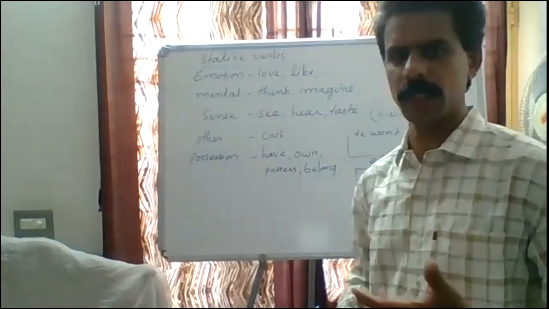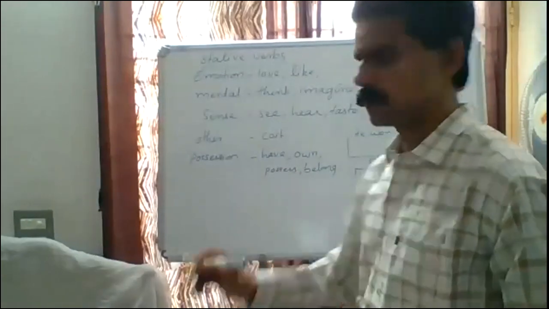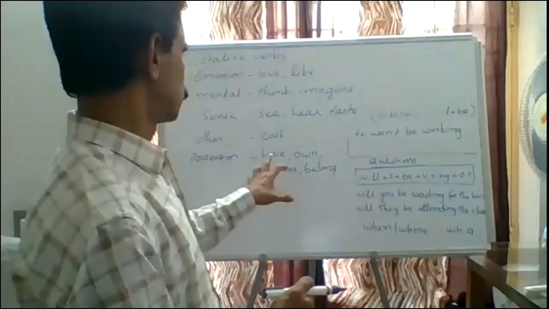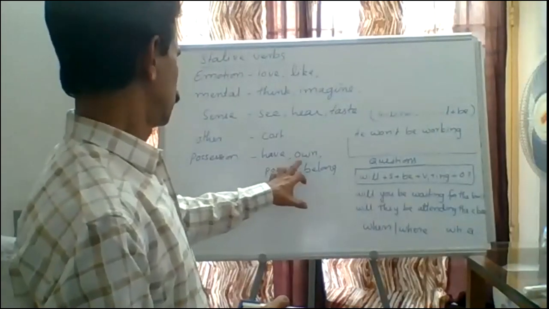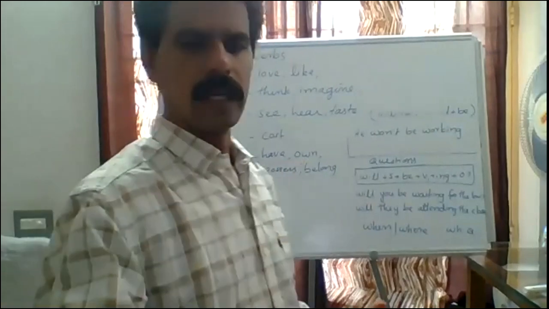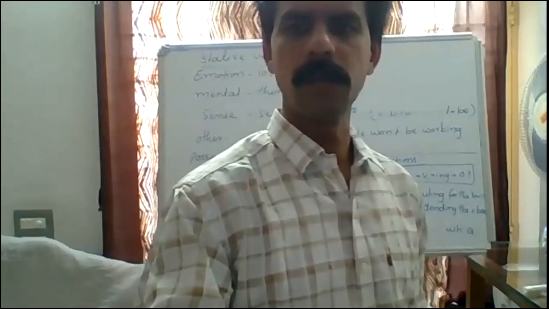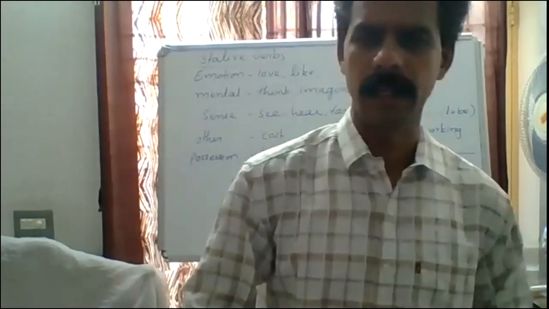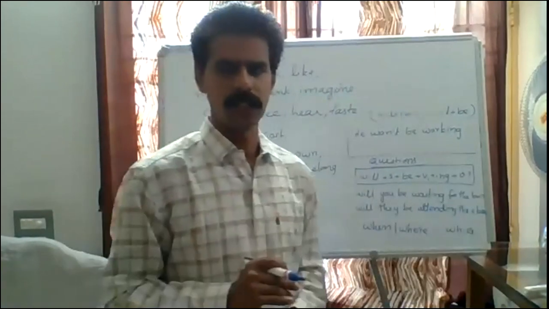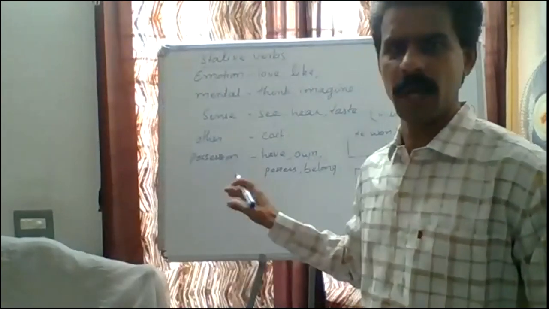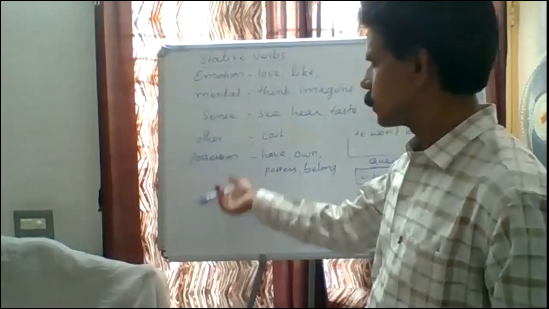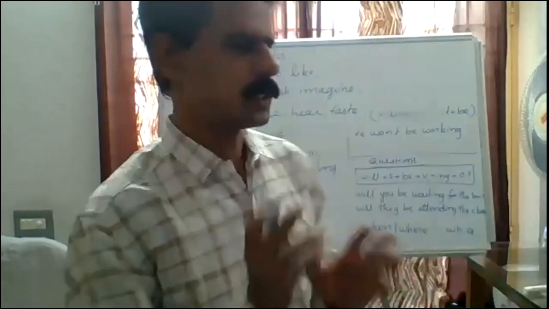Possession related. Possession means it is with us. That is here have, own, possess, belong, etc. These are all verbs which we cannot use generally in ing form. They don't have ing forms. So these verbs are called stative verbs.